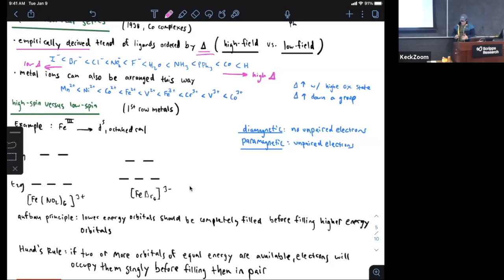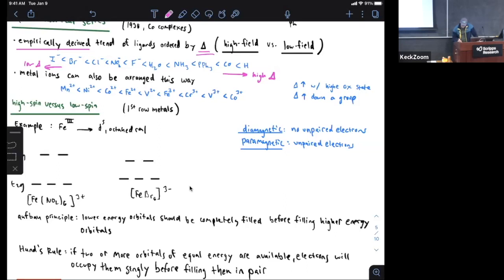If you don't understand that terminology, we'll unpack that in today's class. And on the left are typically charged X-type ligands, and those that can engage in pi donating interactions, that have a lone pair on the ligand that can donate to an unfilled d orbital on the metal of appropriate symmetry. So you can look at this empirically derived trend and be familiar with it, and we'll work through a couple case studies of how you can apply this.